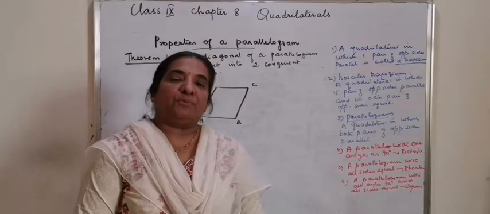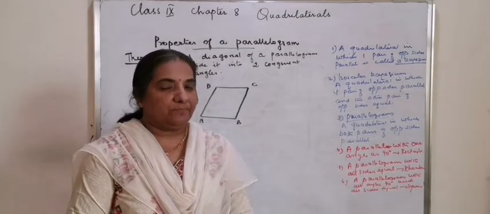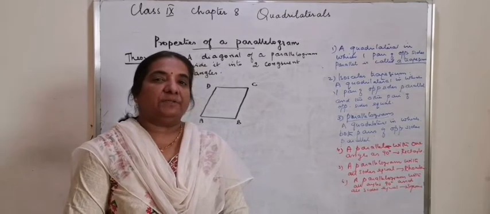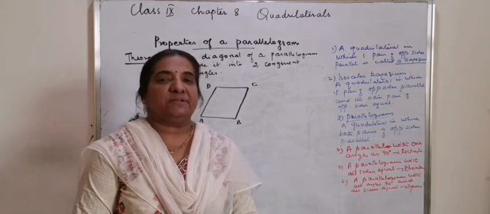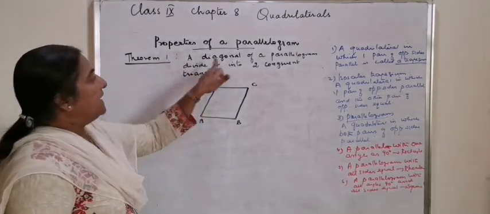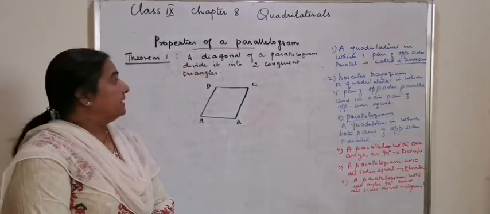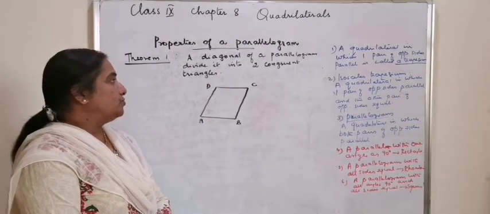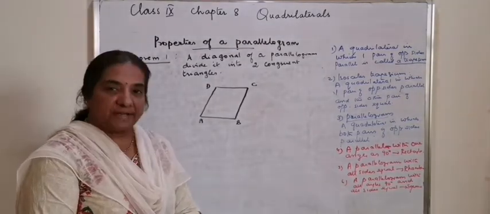There are certain properties possessed by a parallelogram which can be derived by proving the first theorem in the lesson, Theorem 1. A diagonal of a parallelogram divides it into two congruent triangles.